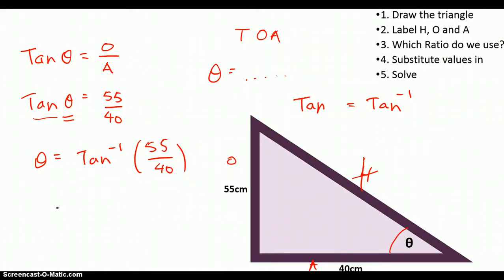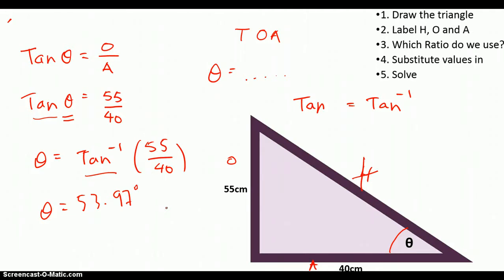Depending on whether you have a CAS or a scientific calculator, this function is generally found by pressing Shift tan. The value you should get for this is theta equals 53.97 degrees.